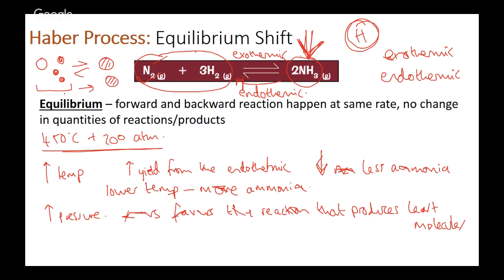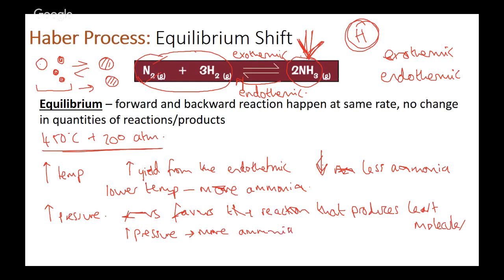If you squash all these gases together, you're going to push these 4 closer together, making it easier to react, and it's going to favour this reaction. So if you do increase the pressure, that's going to end up in more ammonia being formed.